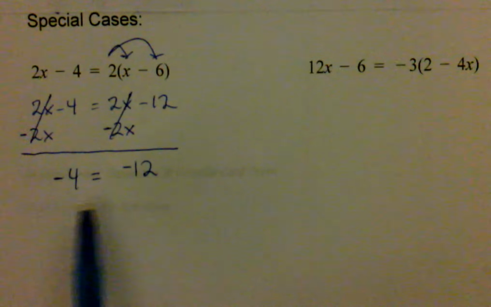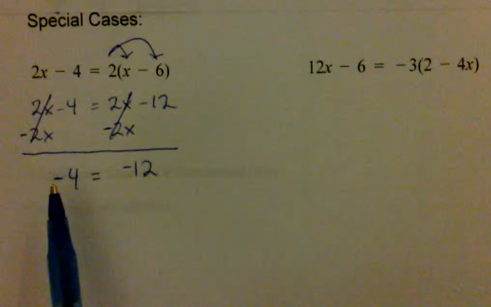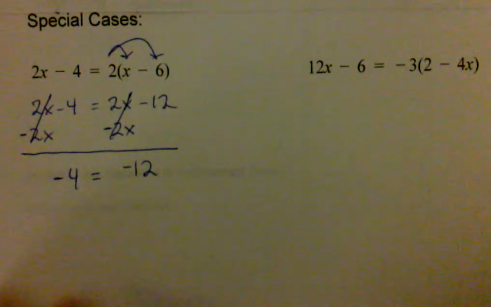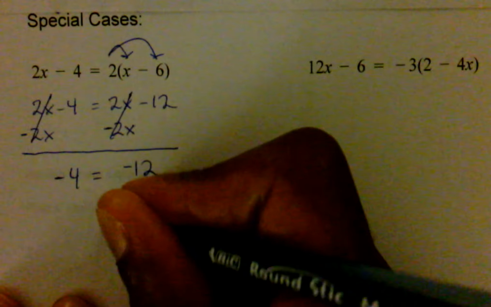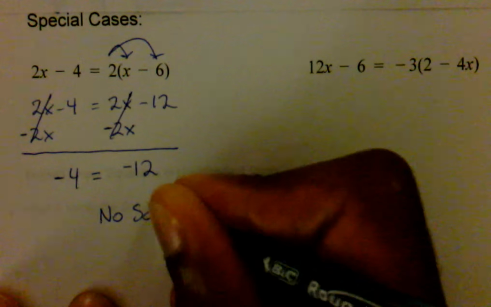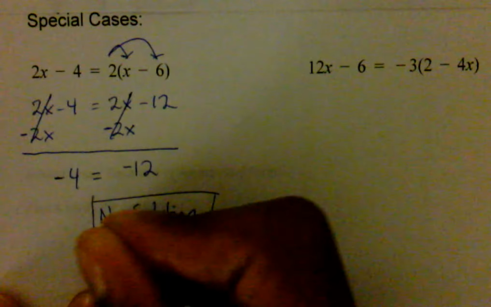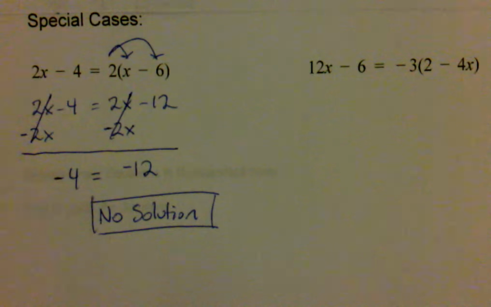So when I arrive at a contradiction that says negative 4 equals negative 12, and I know that's not possible, what I've found is a case where there is no solution. And that's what we write: no solution, because this equation does not have a solution.